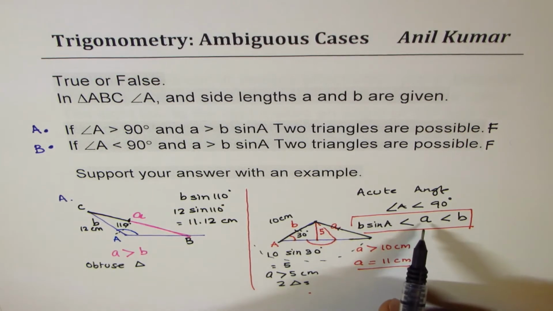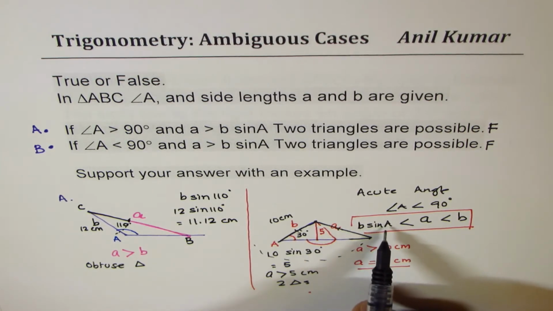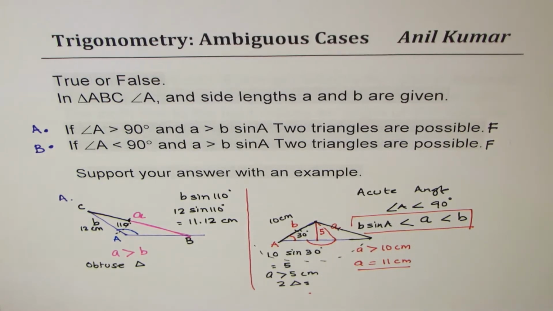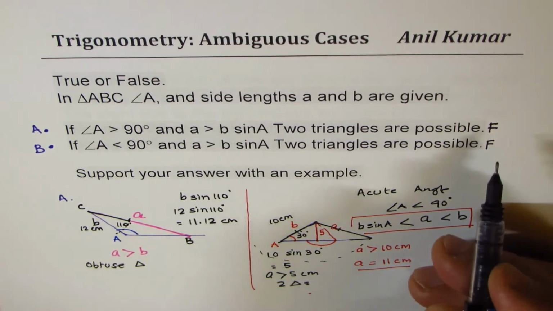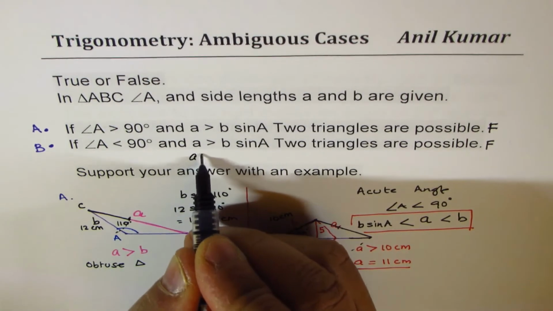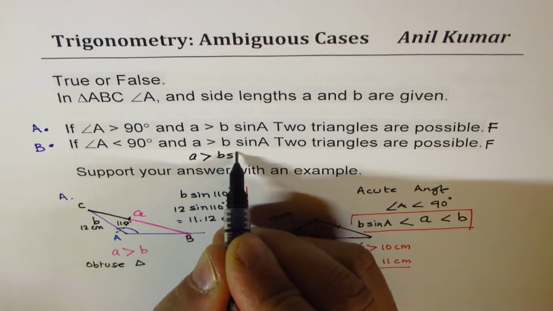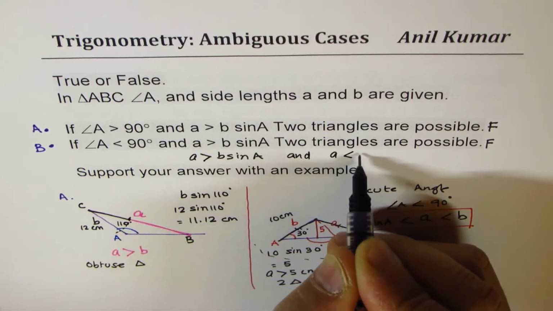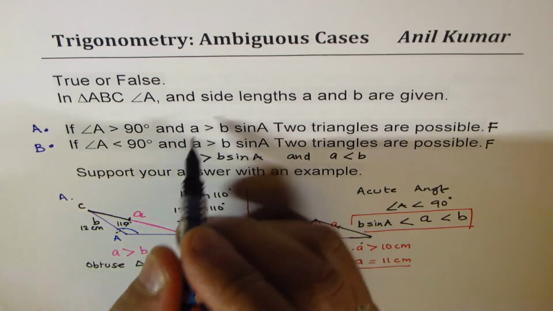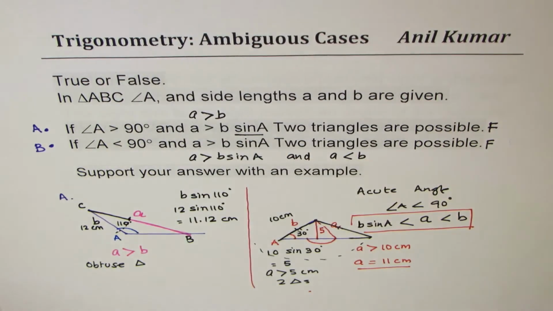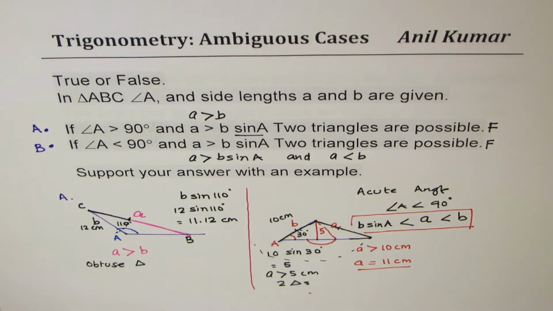So A has to be greater than B sine A and less than B. So that becomes the condition. Is that okay? So it is also false. So this condition should actually be that A is greater than B sine A and A is less than B. Okay? And for the first case, it should be A greater than B, not B sine A. Right?